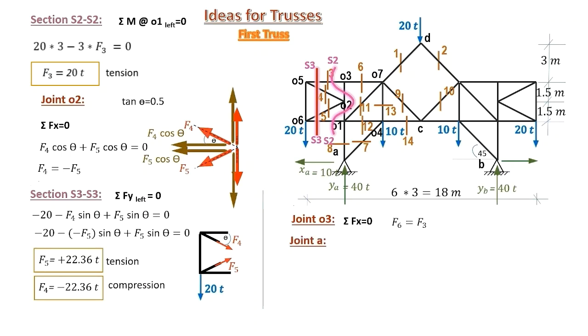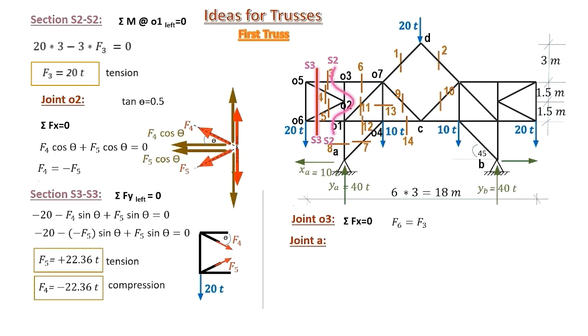And joint A, taking joint A, we can compute members 7 and 8. We need an equation that contains one unknown. If you consider the Y direction, we will have two unknowns at A. One of them is the force in member 8, and the other the component of the force in member 7.